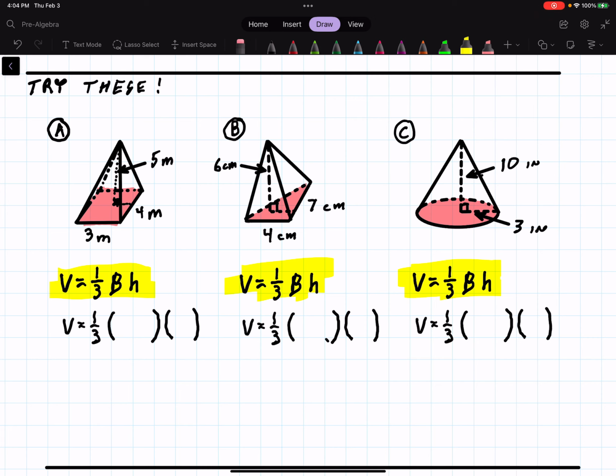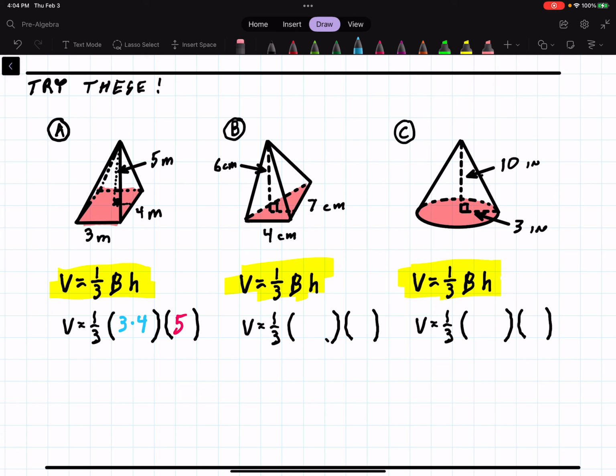So I'm going to do that in blue. For problem A with our rectangular based pyramid, we know that the base is 3 times 4, and then we know the height is 5. I'm not even going to calculate it out. I'll do that at the end. We'll go to B now.